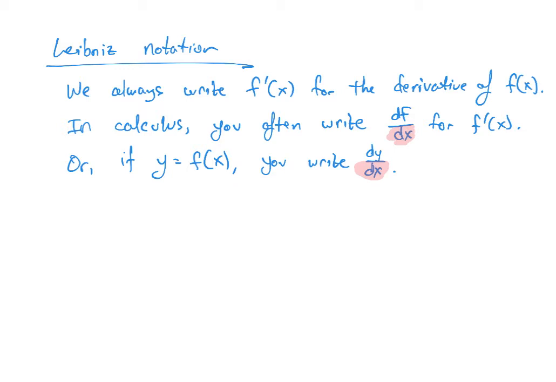The point of the derivative is that it's the amount the function is changing, and it doesn't matter what letter you use to describe the independent variable. But in Leibniz notation, it does matter what letter you use. That's one reason to not like it. The other reason to not like it is that it looks like a fraction.